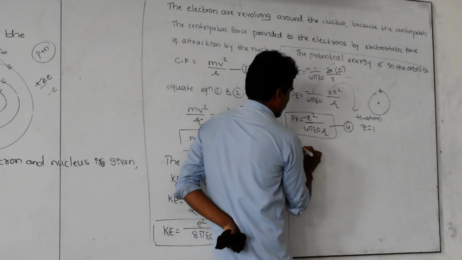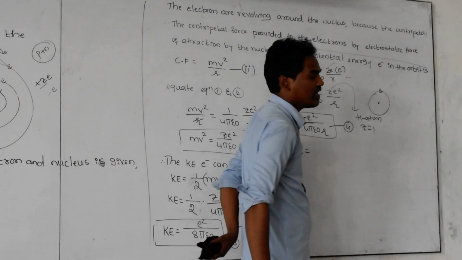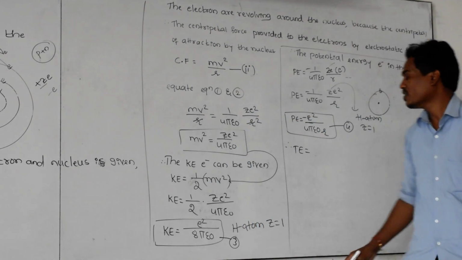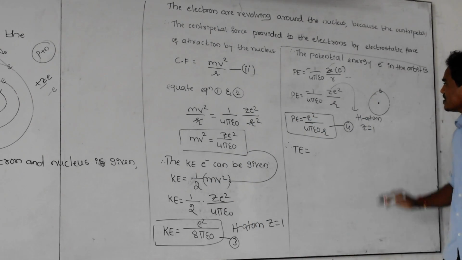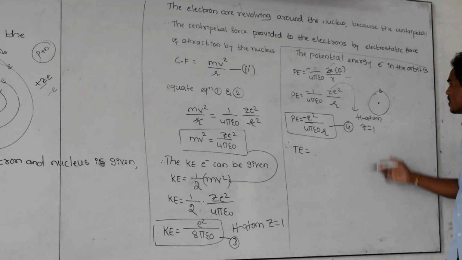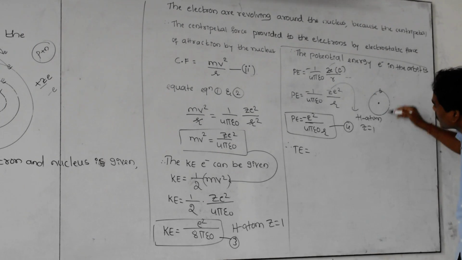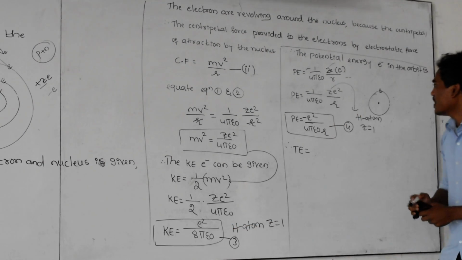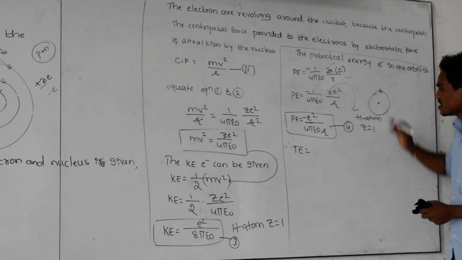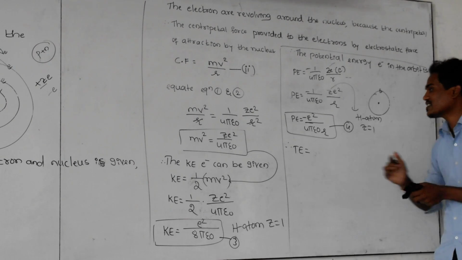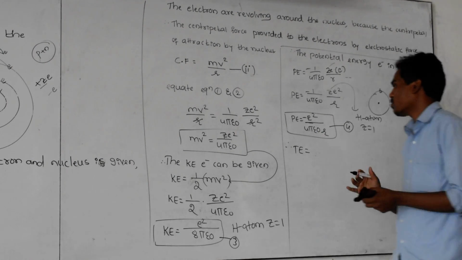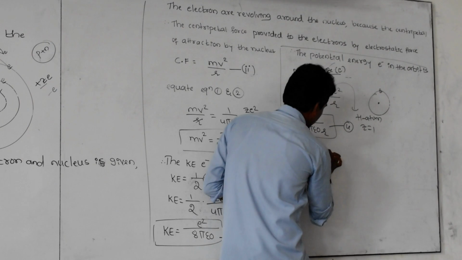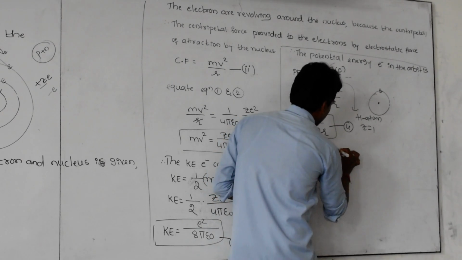Then the total energy of this electron, total energy means the sum of kinetic energy and potential energy. Whenever the electron is moving around the nucleus, its energy is kinetic energy. And whenever the electron is at rest, the energy that the electron has is potential energy. Total energy means you can add those two, kinetic energy plus potential energy.